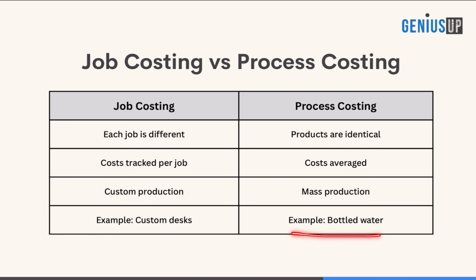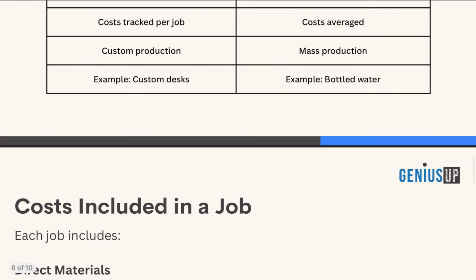Process costing is when we are manufacturing identical products, maybe bottled water, right? So we are manufacturing those bottles. All of them are the same, meaning that we can average the cost across all the products that we are producing. So that's the difference. However, it's really important to understand the job order costing element for this lesson.